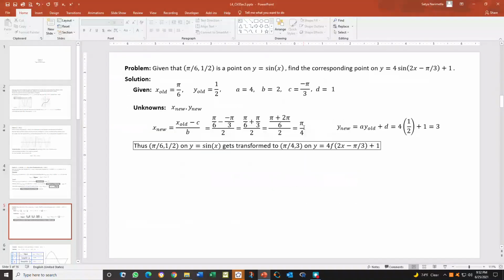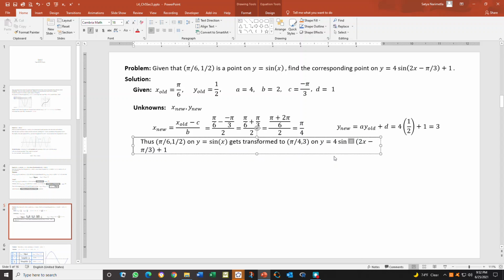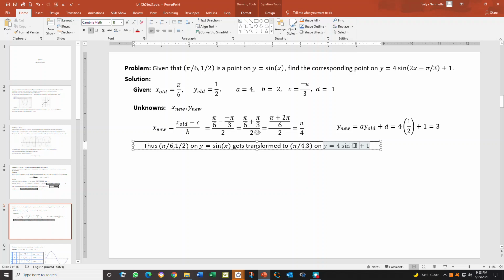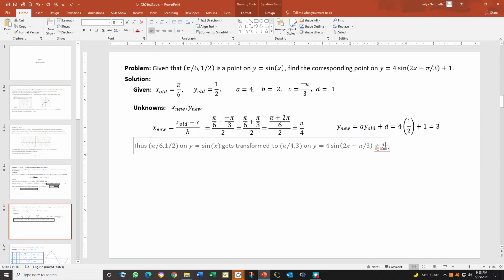What's up with f, man? Ugh. Control X, Control V, and there we go.